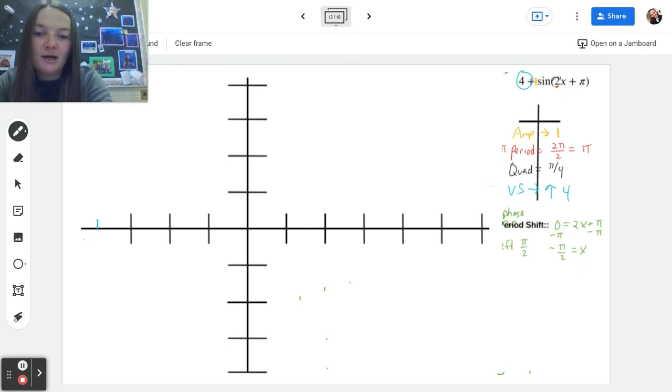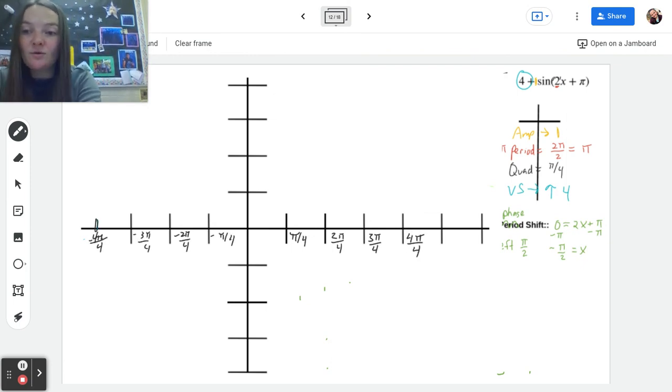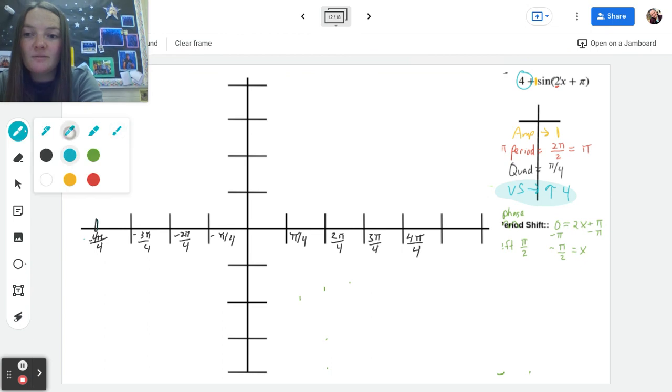The quadrant should be pi over 4, so this will be pi over 4, 2 pi over 4, 3 pi over 4, and 4 pi over 4. We're also going to go negative. From there, the next thing I want to focus on is my vertical shift, which we haven't seen until just this example. Because we have a vertical shift of up 4, I'm going to scale this by 2s: 2, 4, 6, 8, just so it fits.